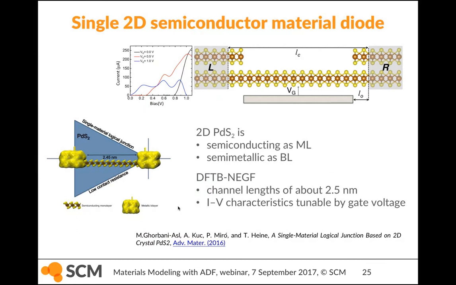Again, just a simple demonstration of how that works in practice, and this is just a thought experiment. This is palladium sulfide. It's an interesting material because essentially when you have more than one monolayer, it becomes semi-metallic, and more specifically, if it's a bilayer, so if you have two of those layers, it's almost like graphene. So it's semi-metallic.